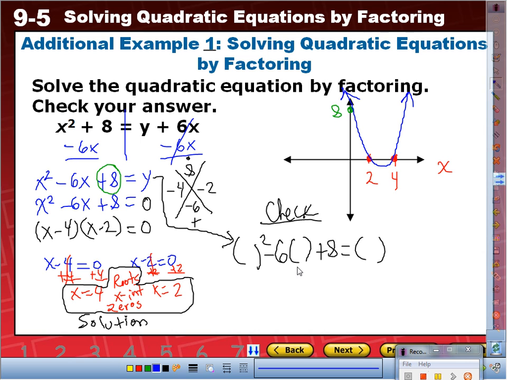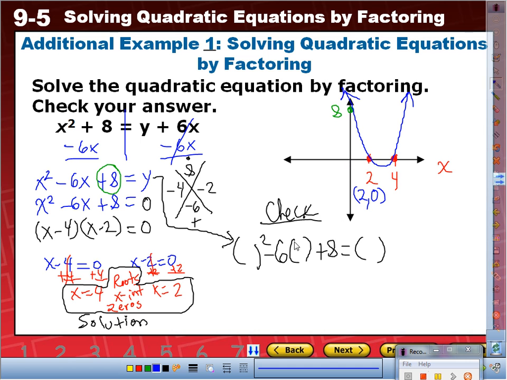And at this point, I'm going to use this one, the x-intercept 2. But the equation has x and y. That means I need two numbers. So what is my coordinate for this one? 2 and 0. Look at the point. Where is it at? At 2. And what is y? 0.